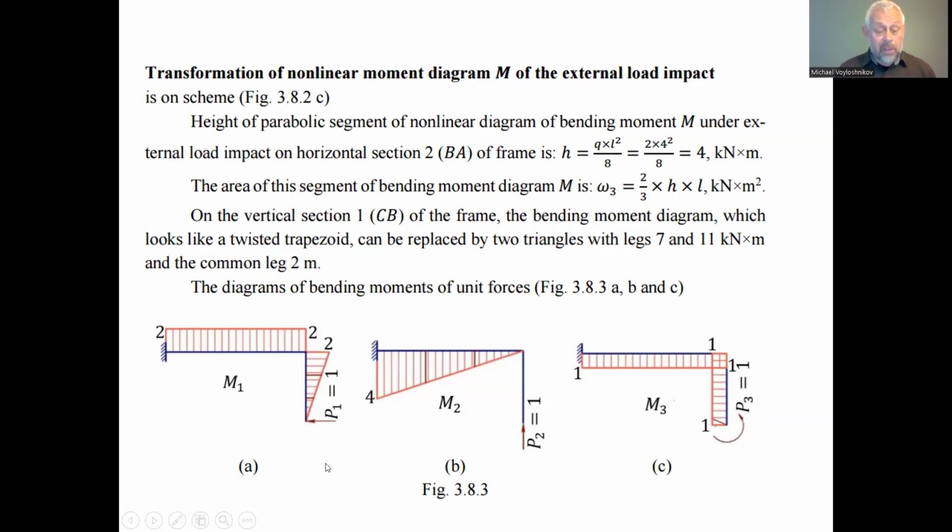On the stretched fibers, we apply in the transverse horizontal direction the unit force equal to 1, and the bending moment diagram on the BC element of the mechanical system will be inclined, of triangle shape, and for the AB element of the mechanical system, it will be an even distribution of the bending moment. These are the diagrams of the moments under the action of the unit forces on the considered mechanical system.